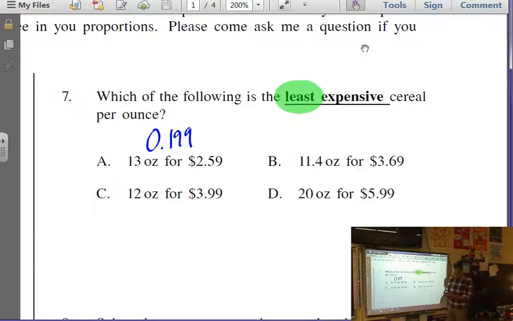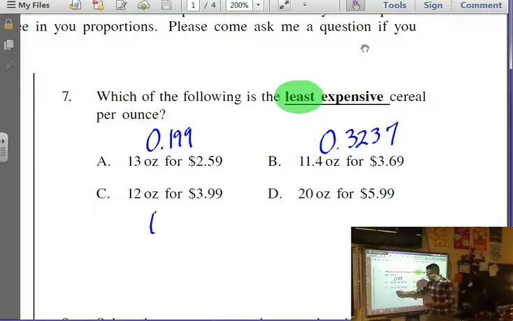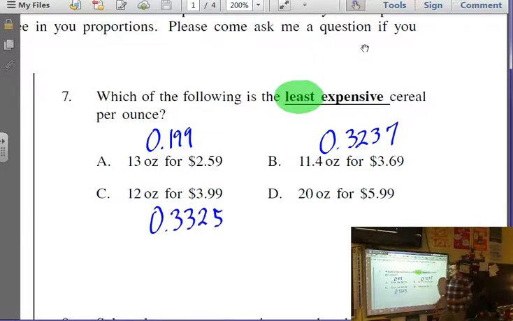We do our 369 divided by 11.4. This gives us 0.3237 if we round that. 399 divided by 12 would give us 0.3325. And this is why I told you guys to get out a separate sheet of paper to write things on.